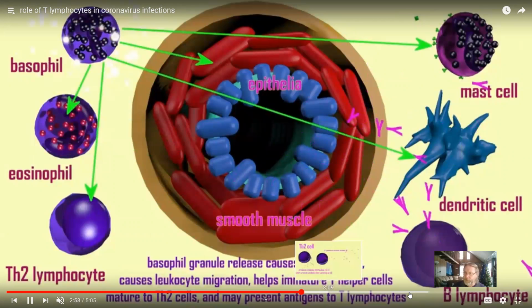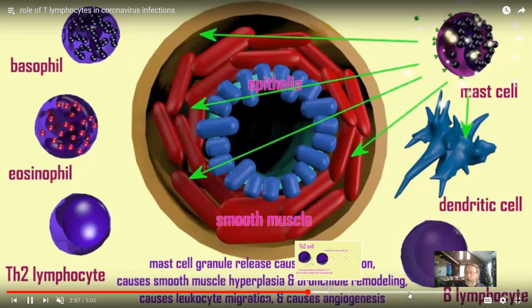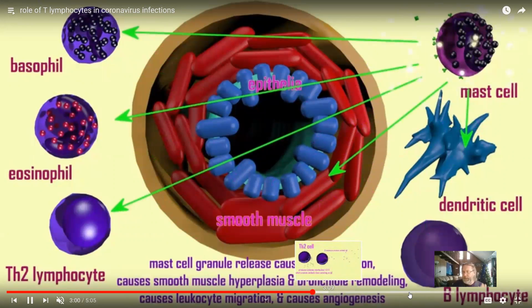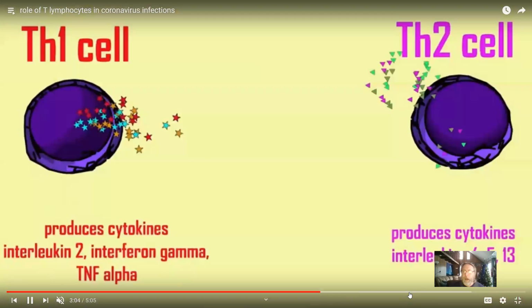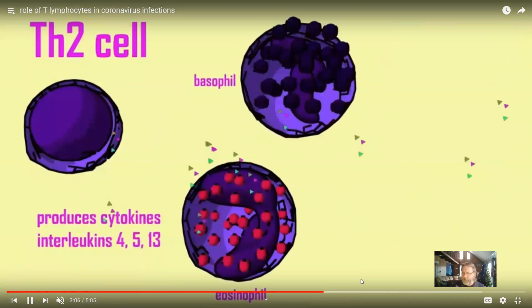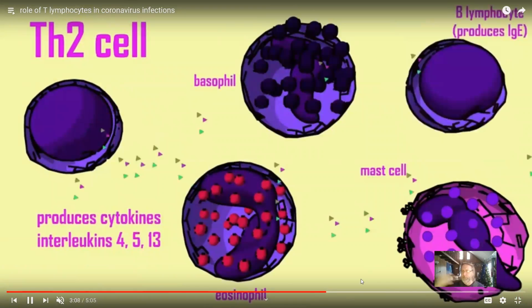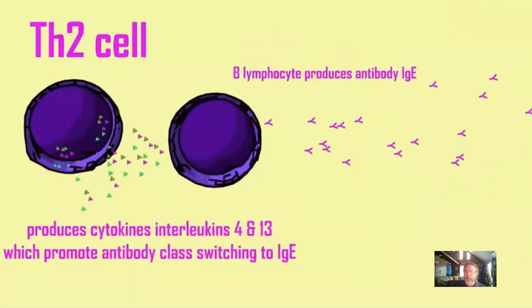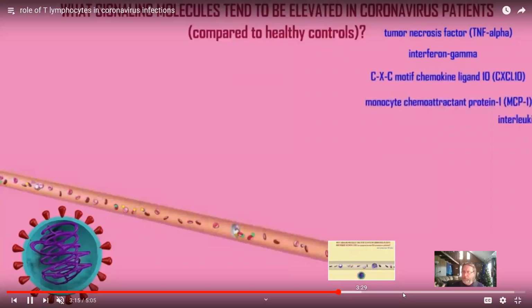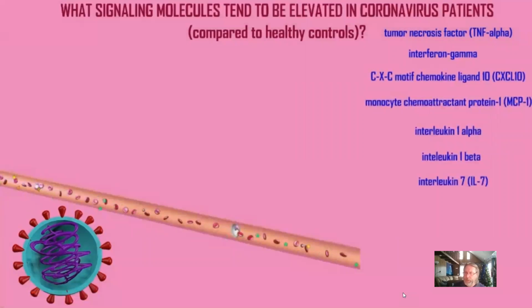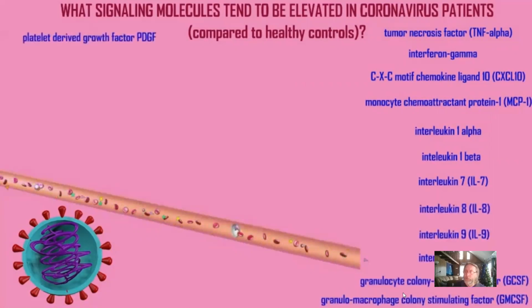Sometimes we characterize some of the interactions as like Th1 T helper cells versus Th2 T helper cells, which may secrete, say, pro-inflammatory signals or anti-inflammatory signals. All right, so bottom line, T lymphocytes, lots of roles in this, which is why it's such a problem that in severe coronavirus infections, their numbers really drop.